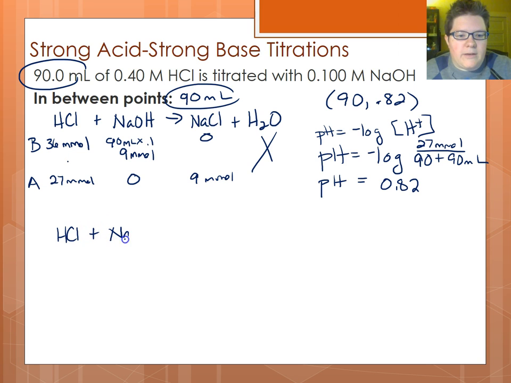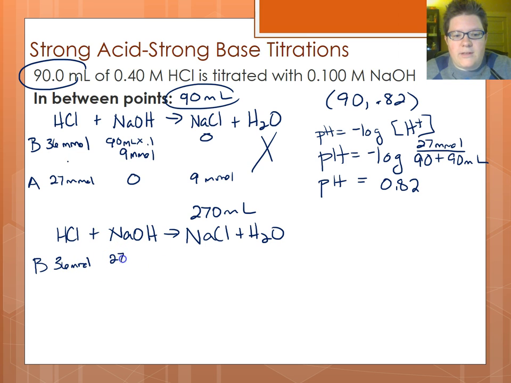So I'm going to do HCl and NaOH again. And this in-between we're going to do is on the other side of the halfway point. And so if we just did 90, and then we've already done 180, let's go ahead and do 270 milliliters. And so for this guy, 36 millimoles was my before. And so this guy is 270 milliliters times 0.1 molar. So that's 27 millimoles. So we have 36, we're adding 27.